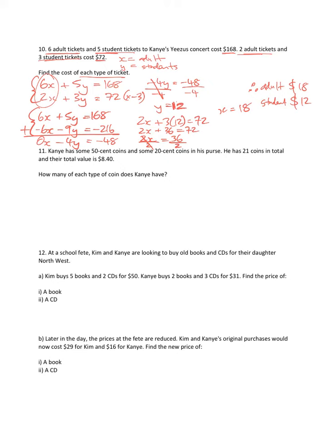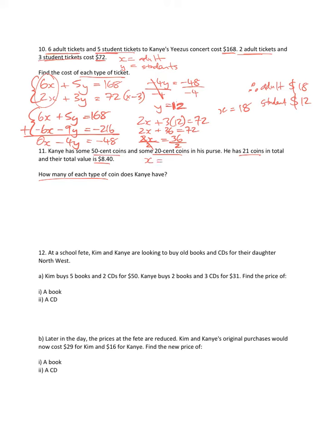Next, Kanye's got 50-cent coins and 20-cent coins in his purse. He's got 21 coins in total, total value of $8.40. How many of each type of coin does Kanye have? So how many of each type of coin?